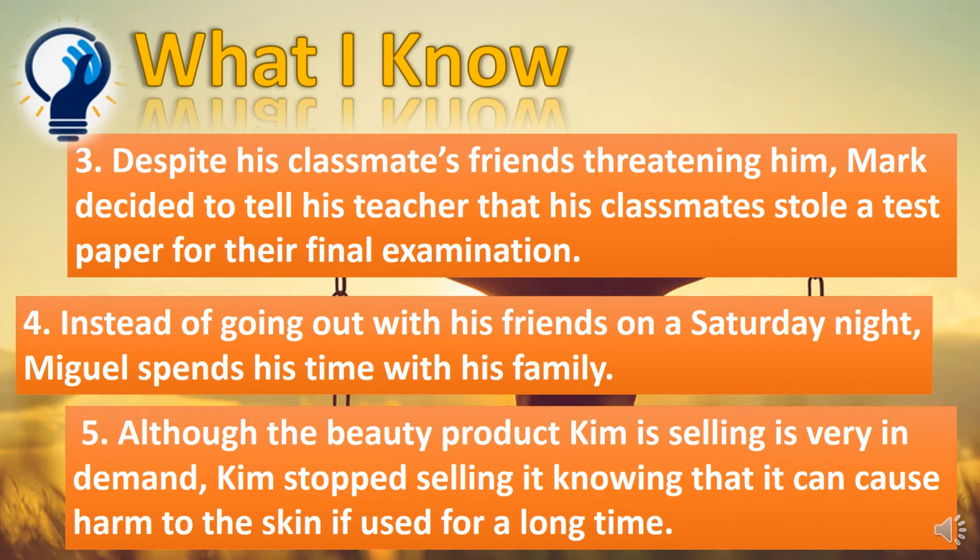Is there a responsible use of freedom? Okay, yes, correct. Number 5. Although the beauty product Kim is selling is very in demand, Kim stopped selling it knowing that it can cause harm to the skin if used for a long time. So what is your answer? Yes, correct. There is a responsible use of freedom.